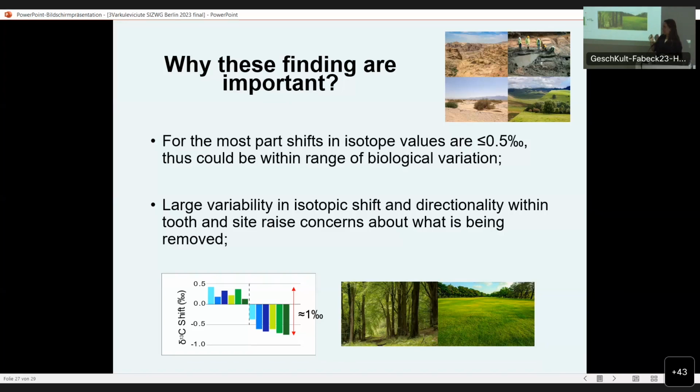But we don't know if the shift is because of the contamination or something that we remove from the structural carbonate. So the base value, the untreated value, is the same. So where does the difference actually come from? And that's a problem.